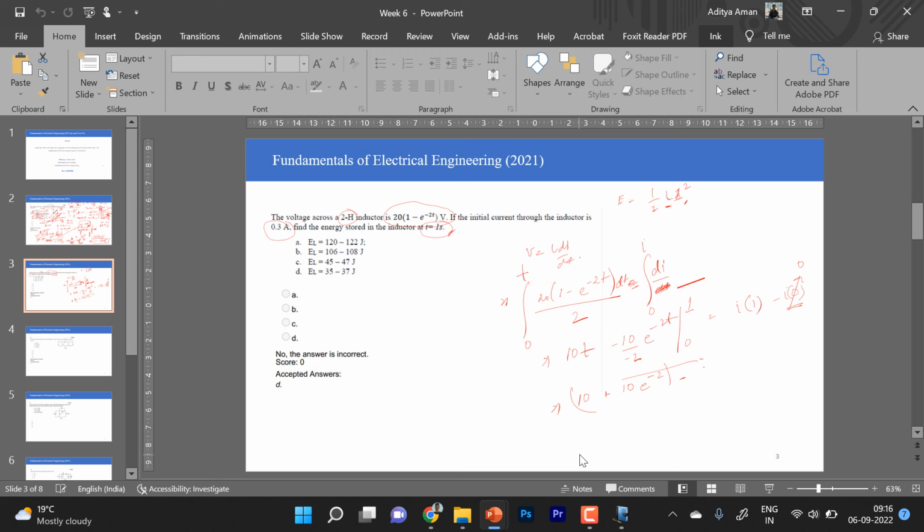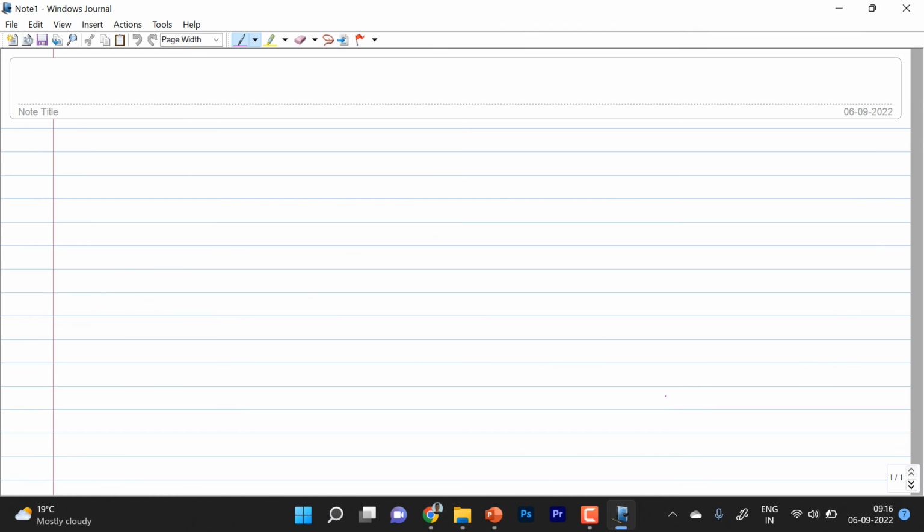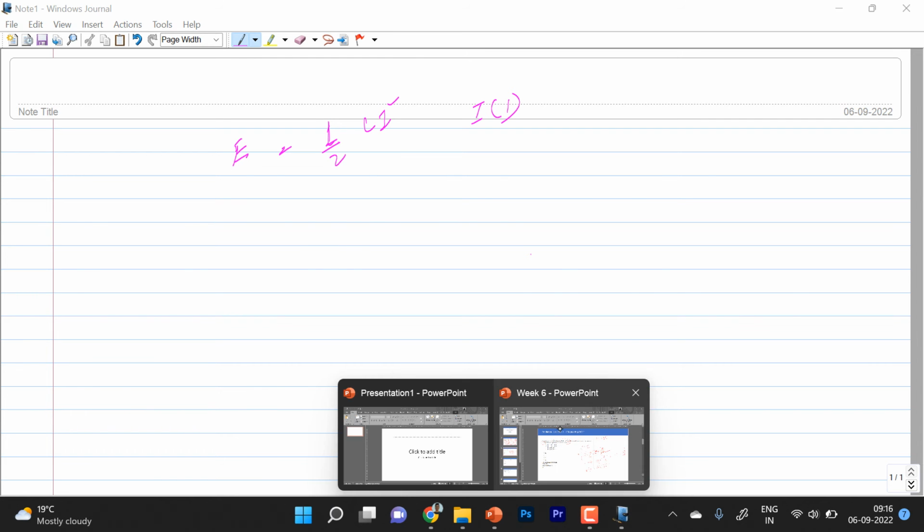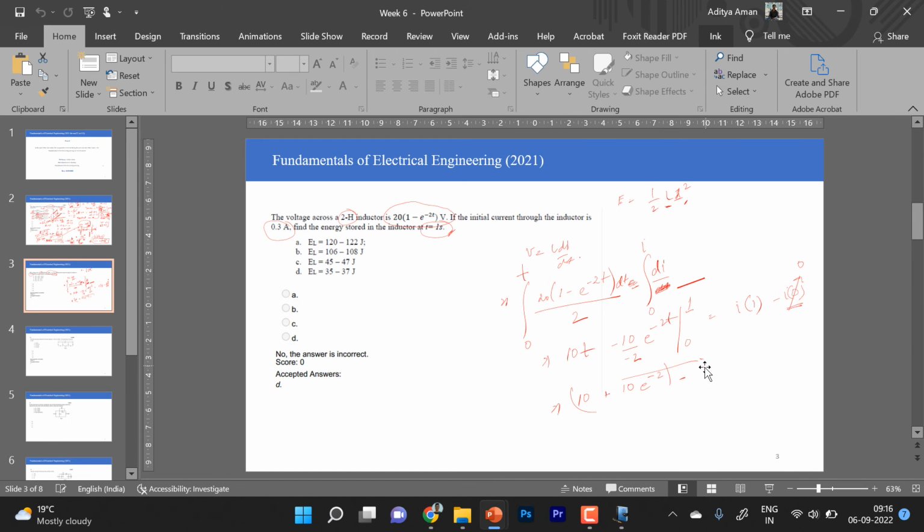And once you have the current at time t equals 1, what you need to do is write that energy is equal to half L I squared, where the current is the current at time t equals 1. So you substitute this particular value, and then you try to solve it, you will get the correct answer.